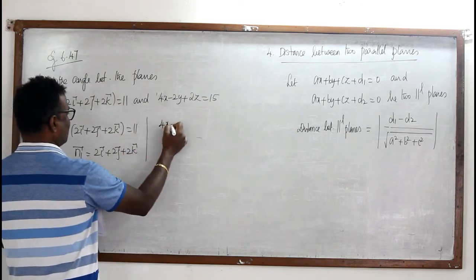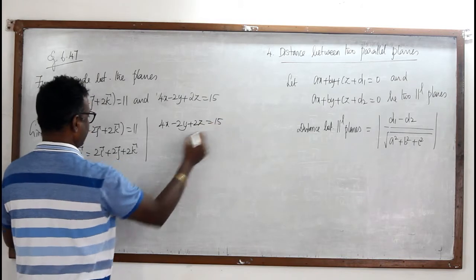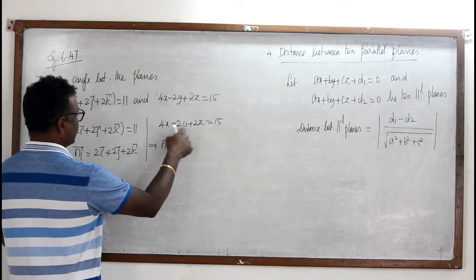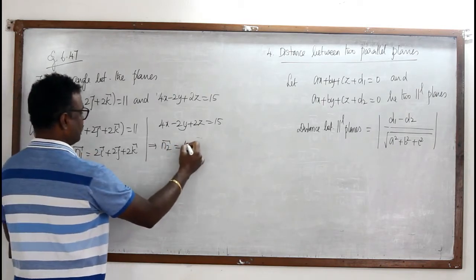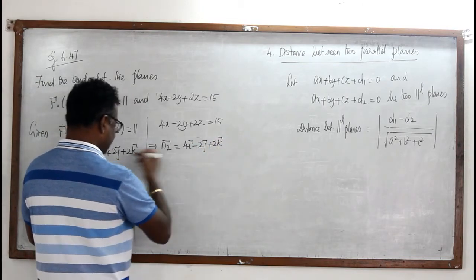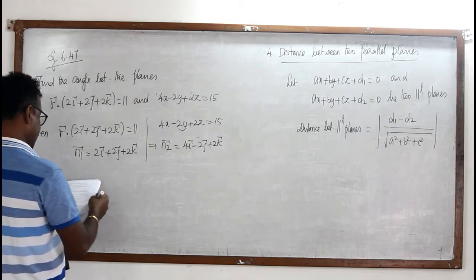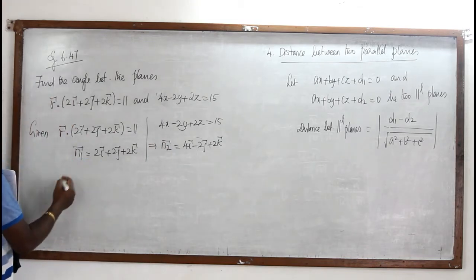Now, given 4x - 2y + 2z = 15, this implies n2 vector is, just remove x, y, z, and instead of x, y, z, put i, j, k. This becomes 4i - 2j + 2k. That is the normal vector. So 2i + 2j + 2k and 4i - 2j + 2k are the normal vectors.